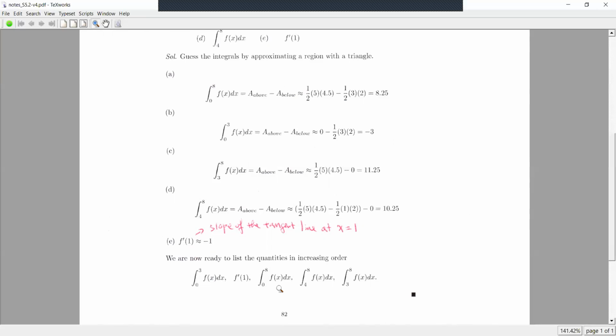The third smallest quantity is the integral from 0 to 8, roughly 8.25. Now, the last one is the integral from 4 to 8. The largest quantity is the integral from 3 to 8, which roughly is 11.25.